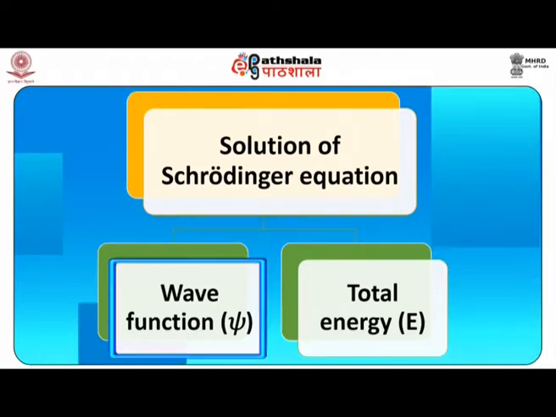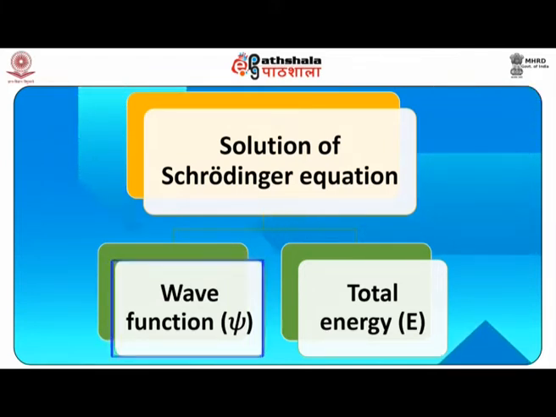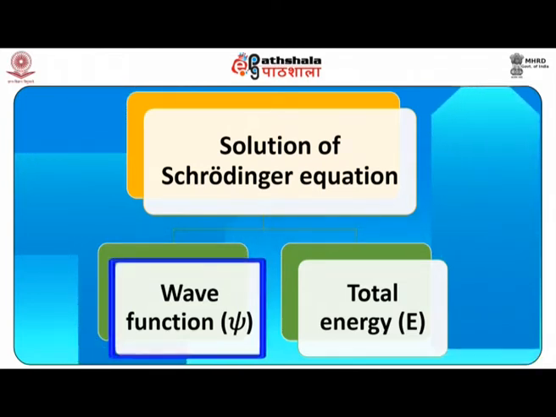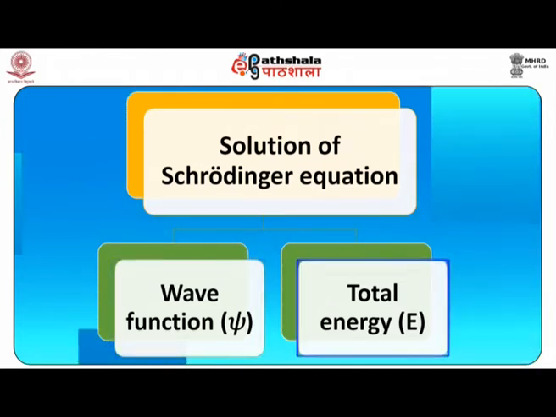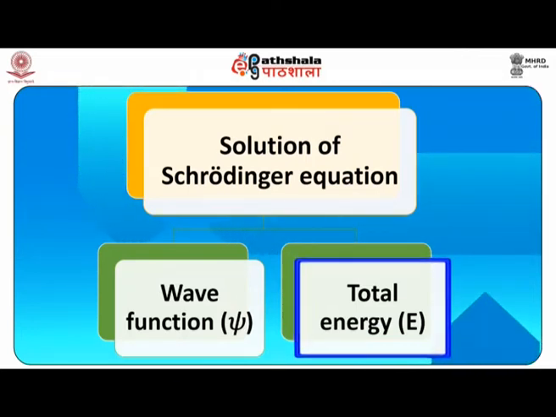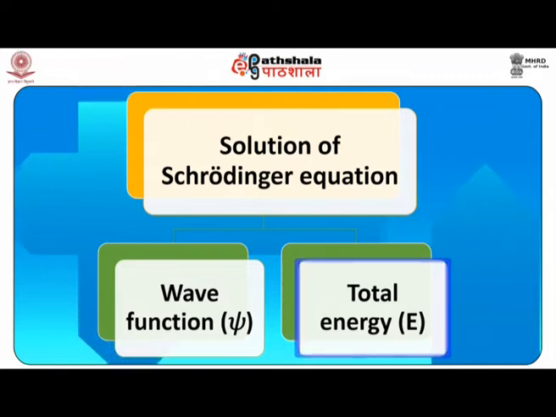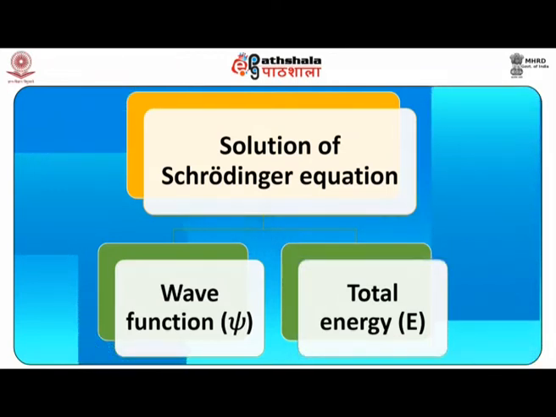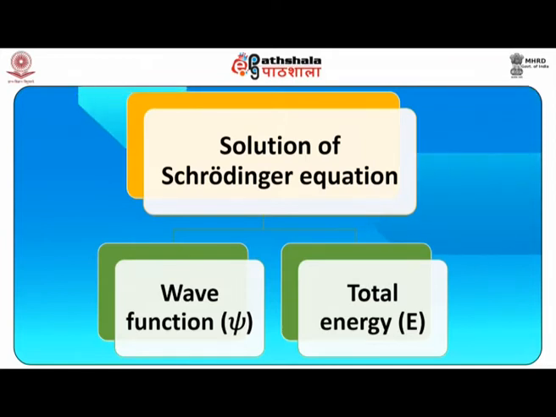The entire information about the system is contained in this wave function. Therefore, it is also called storehouse of information. And the second parameter which we get through the solution of the Schrödinger equation is the total energy E.